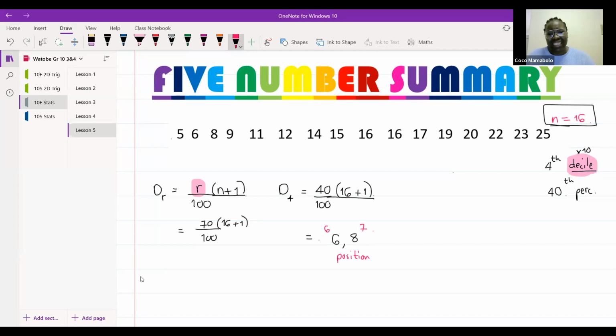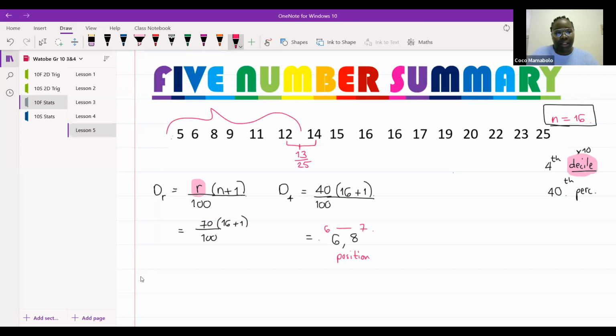So let's go count: 1, 2, 3, 4, 5, 6. Position 6 is 12, and the 7th position is 14. What number lies right between 12 and 14? 13. Beautiful.